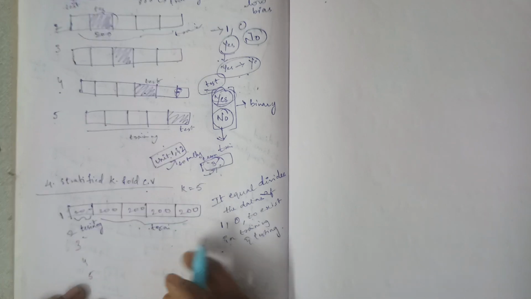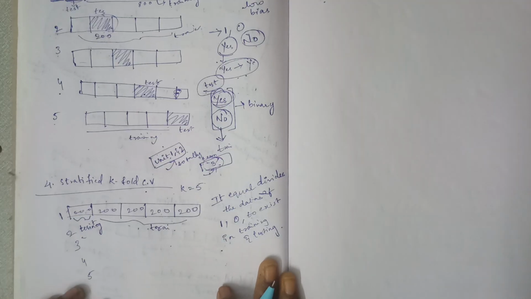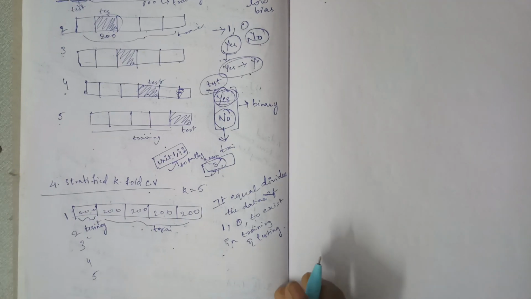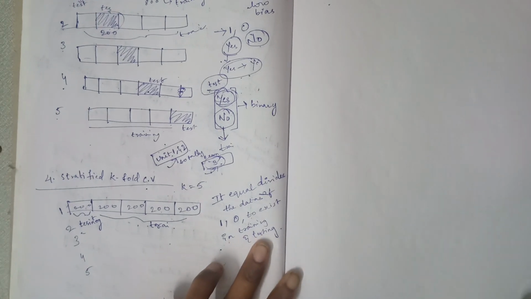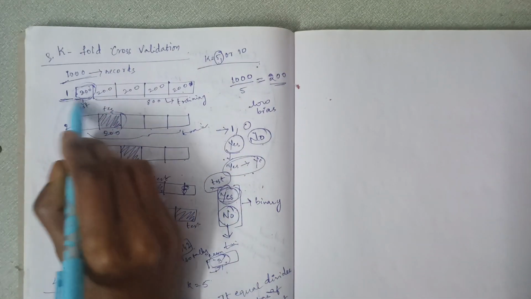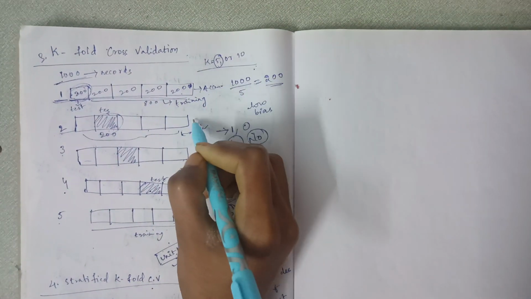And this is about the cross validation, and I hope you have understood this video. One more thing that is left is how do you know the accuracy? For the first fold you calculate the accuracy, and for the second also.